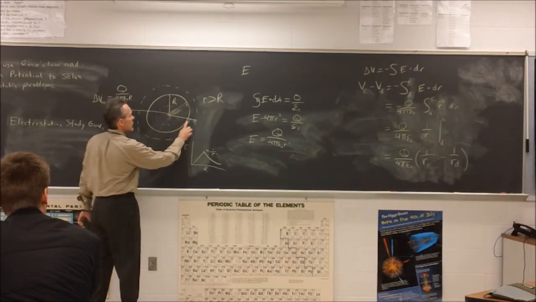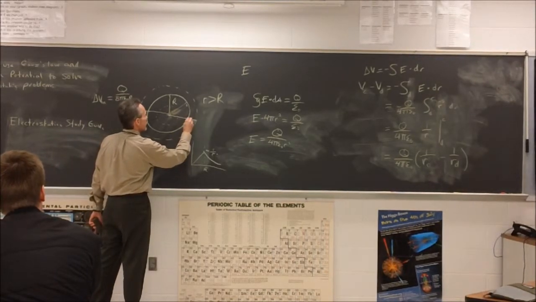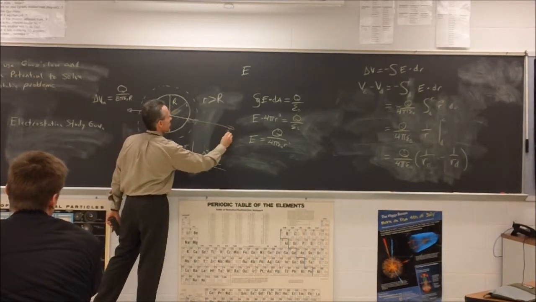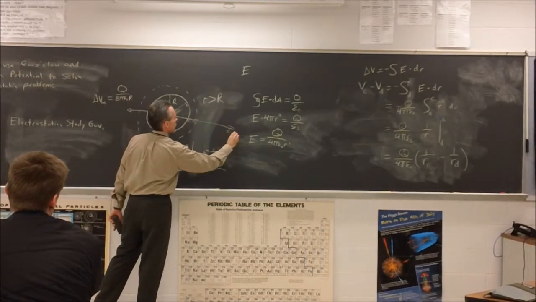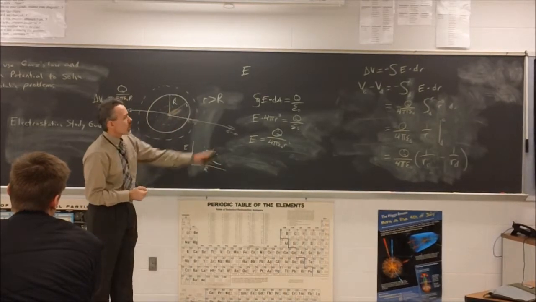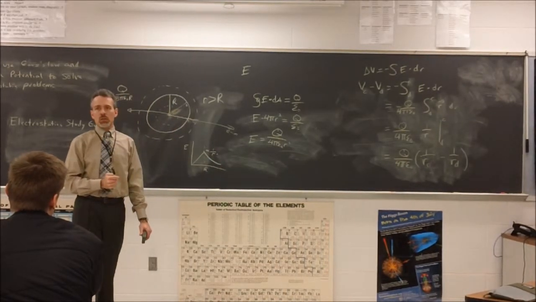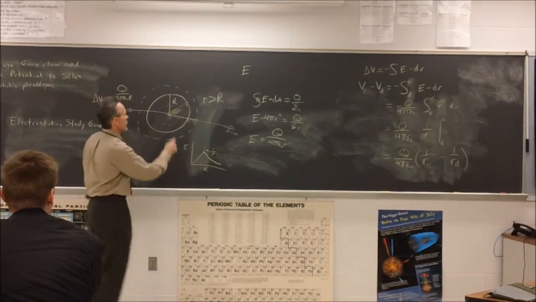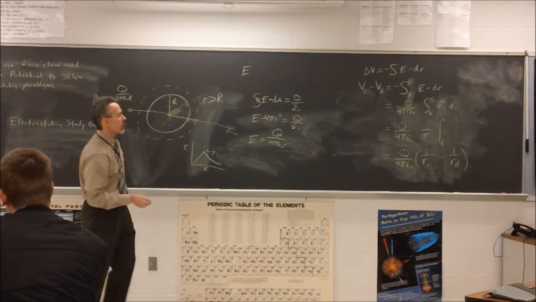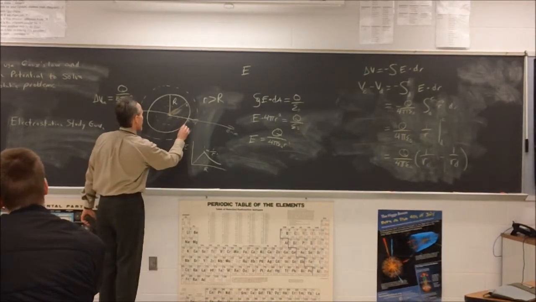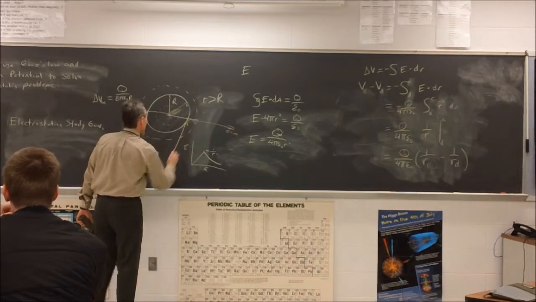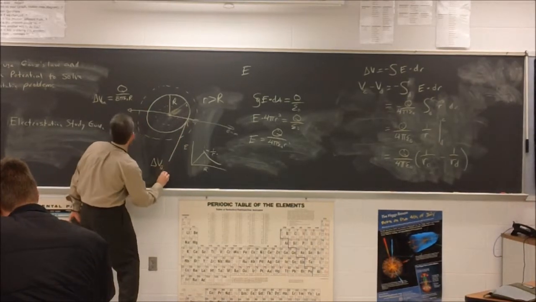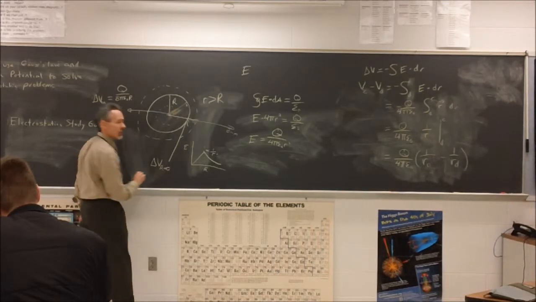Okay, let's take this to the extreme. Let's put C right at the surface, and let's put D way out at infinity. What is 1 over infinity going to be? 0, right? And what is r_C going to be if it's right at the surface? R. Just R, right? So therefore, right here at this surface, the change in potential at R compared to infinity.